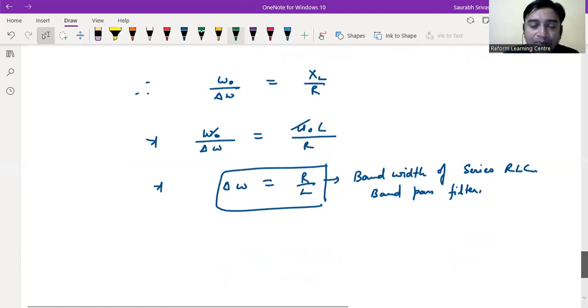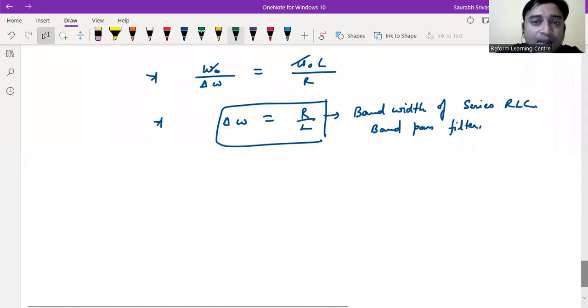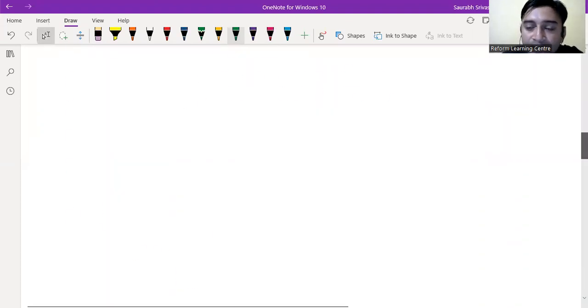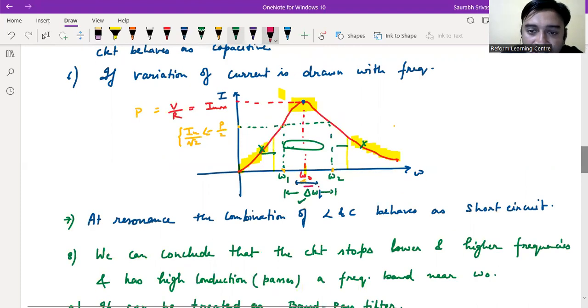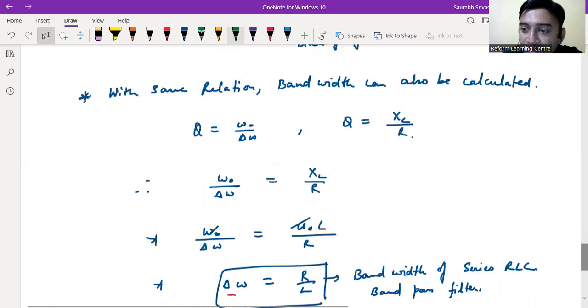अब एक चीज और यहाँ पे बहुत इंटरेस्टिंग कि this delta omega और bandwidth of circuit, ये band pass filter तो है, this bandwidth of circuit कितना फ्रीक्वेंसी बैंड को पास करेगा, it depends on R and L. Bandwidth does not depend on capacitance. It is another objective question.